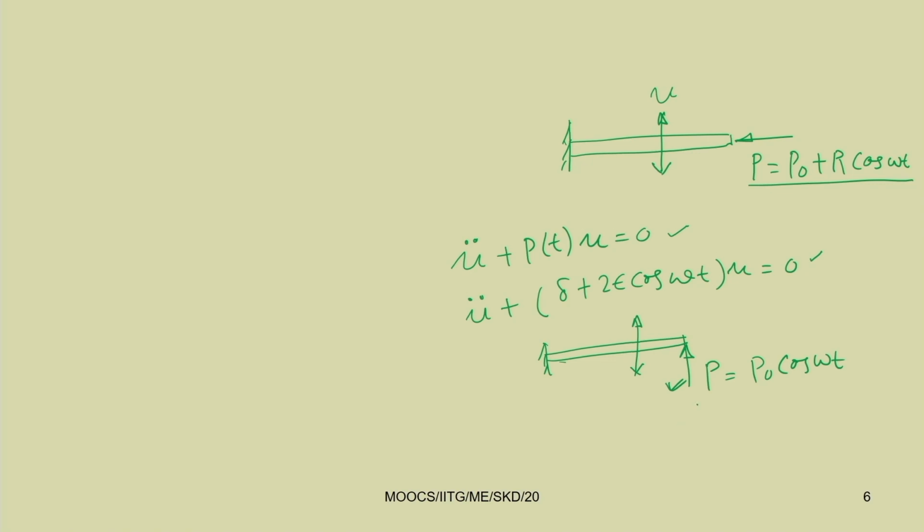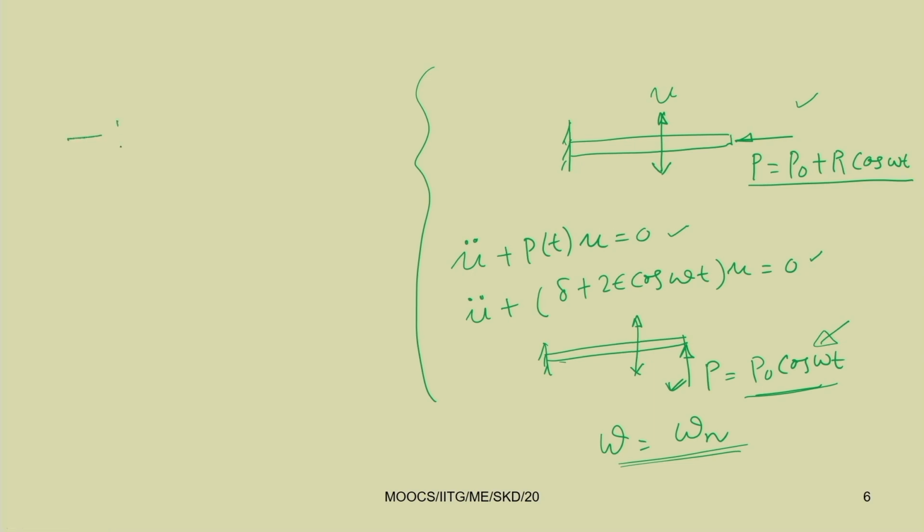Also, the resonance conditions we have discussed yesterday. In direct excitation, when omega, that is the external frequency, is equal to the natural frequency, omega equal to omega n, we get the resonance condition. But in the case of parametrically excited systems, we have discussed three different types of resonance conditions.